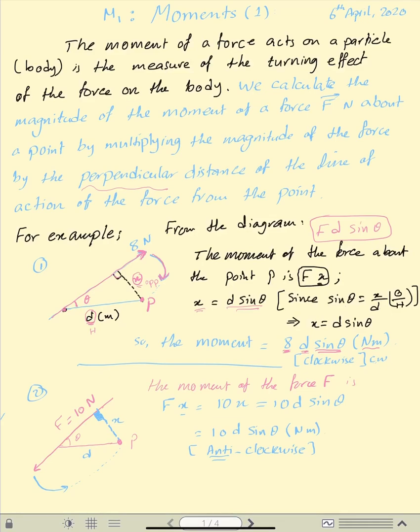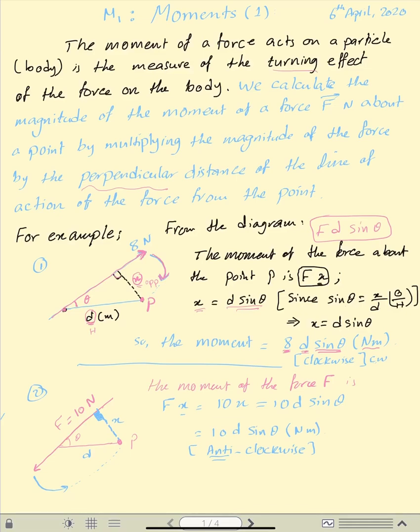According to the given diagram, dear students, we must describe the direction. How do we state the direction of the moment? Clockwise or anticlockwise, because we are talking about rotation, turning, circular motion, the turning effect.